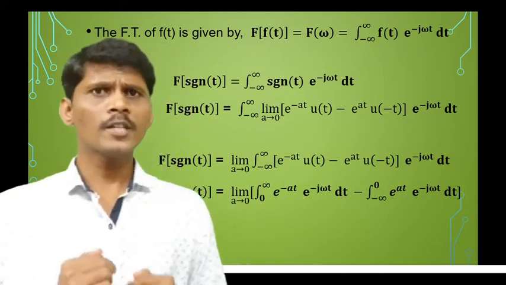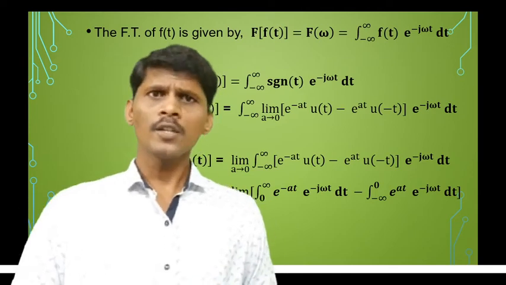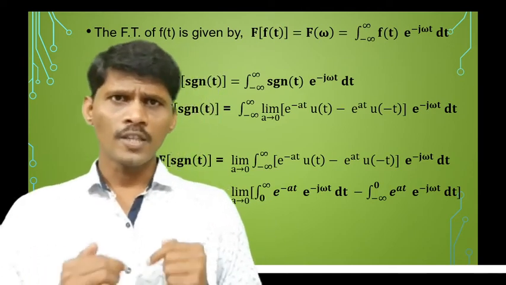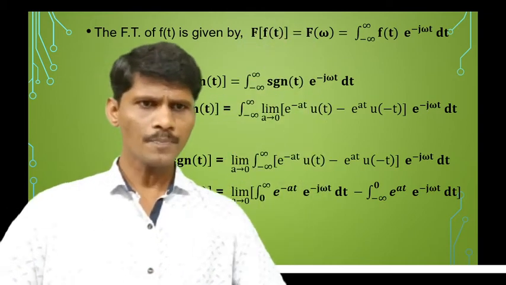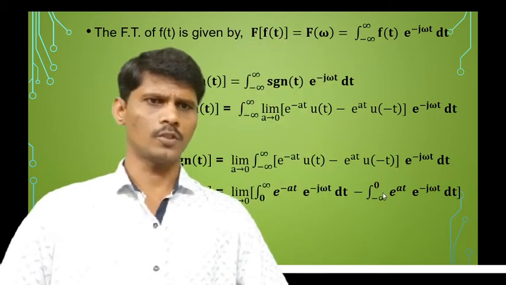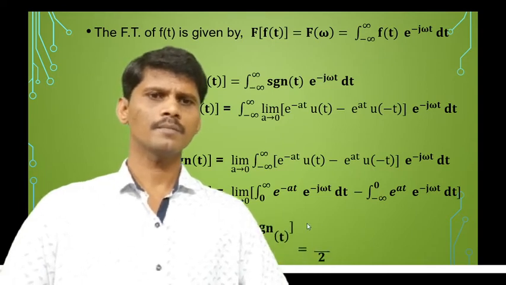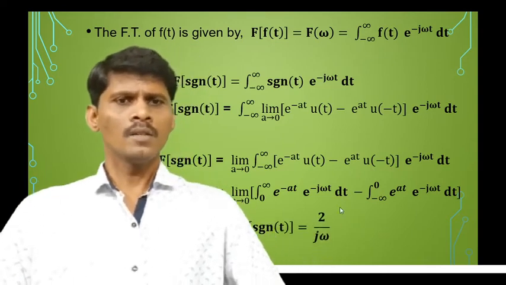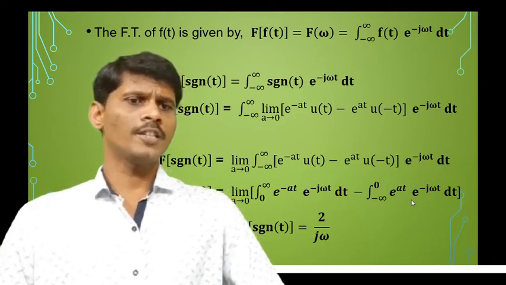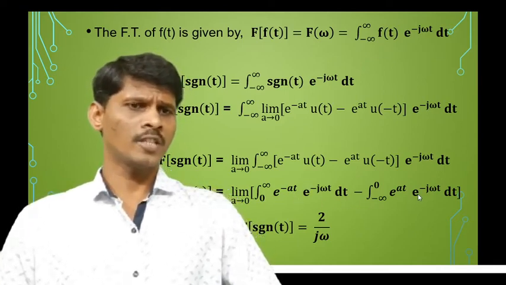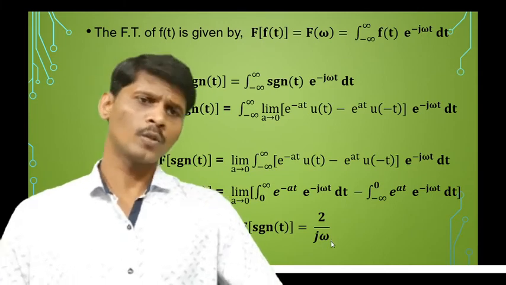So when applying the definition of the unit step signal, u of minus t is 1, the range of t starts from minus infinity to 0. Okay? Minus infinity to 0. So reducing this integral and this integral, finally we get 2j.